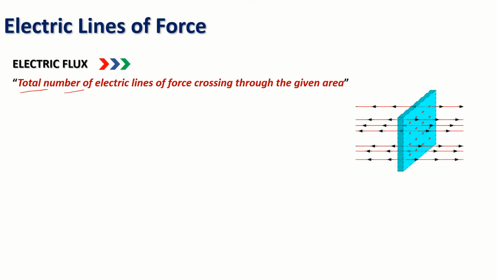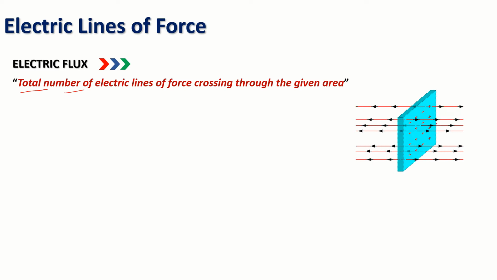If you consider positive charge distributed on the surface of this area, the electric lines of force are coming out from this on both sides. Coming out from this surface because we are considering the positive charges distributed on the surface.